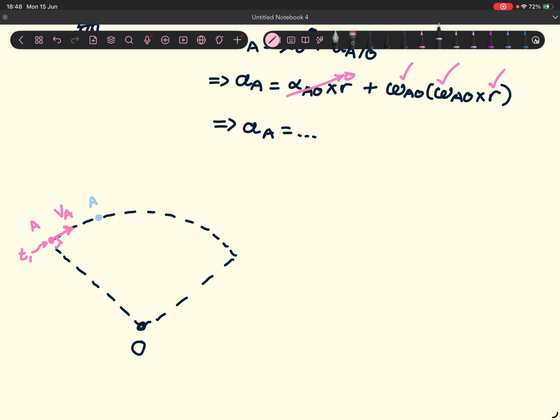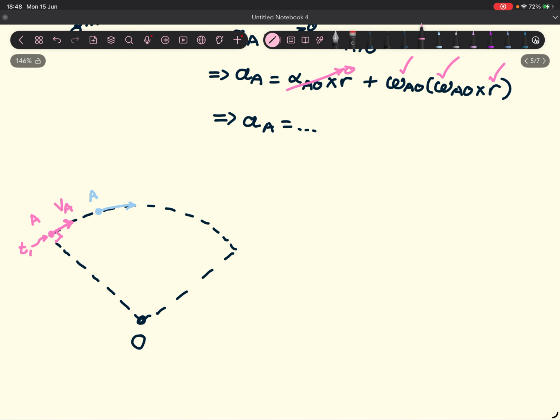if I draw point A at another point in time, you can see that its velocity has gone from looking like that to a slightly decreased value. The vector is now pointing more to the horizontal, if that makes sense. The angle has changed. In order for a velocity to change its direction or its magnitude, you need to have some acceleration, right?